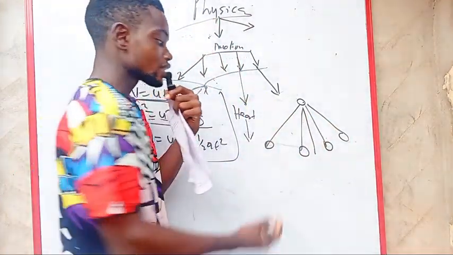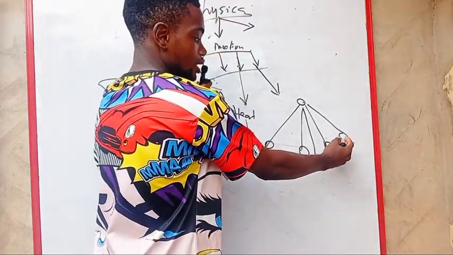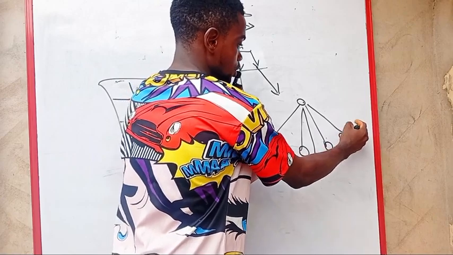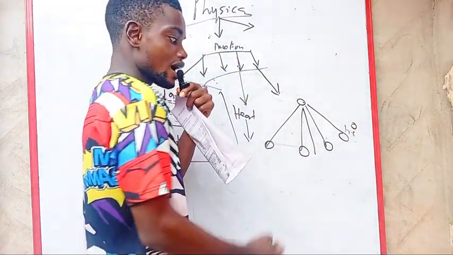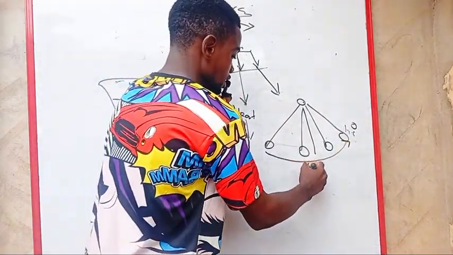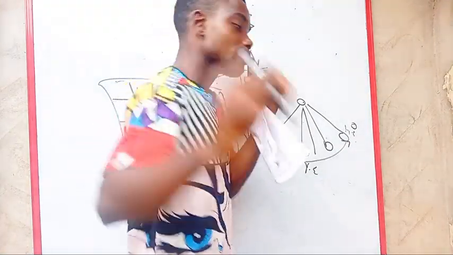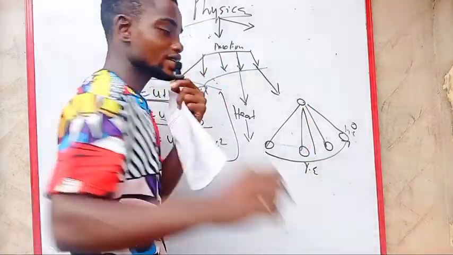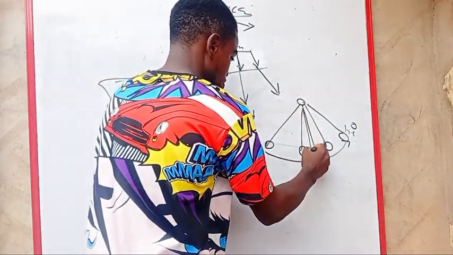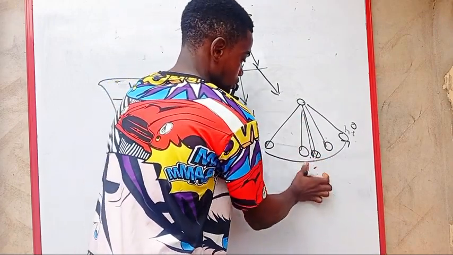Now what is happening when it swings here, reaches here and starts coming back? The kinetic energy here becomes zero. As it is going like this, it is increasing in potential energy and decreasing in kinetic energy. The maximum kinetic energy is found at the center point.